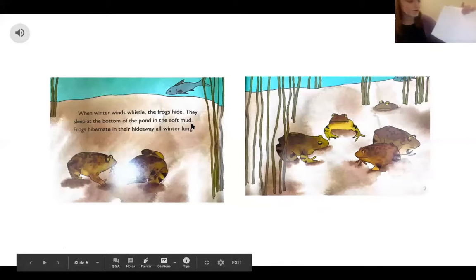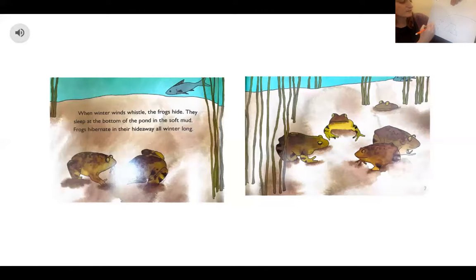Now I'm going to pop up my picture again to think about what the habitat looks like. There we go. Oh, there's some grasses. The grasses go all the way under the water. And so this right here is the mud.